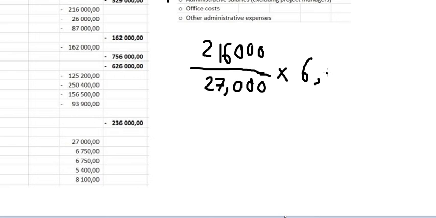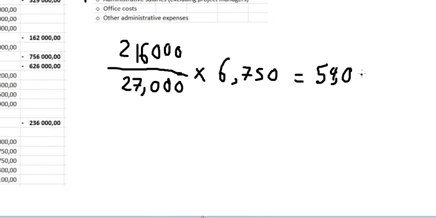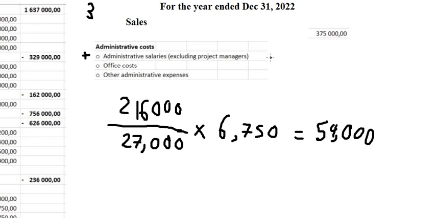So we have 6,750. So this one we calculate, and we have 54,000. So this one we have negative 54,000.